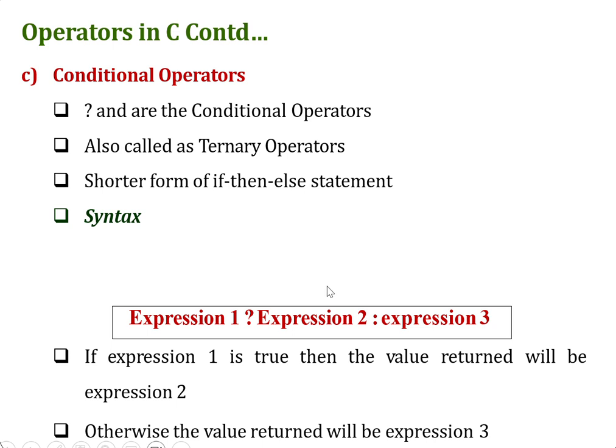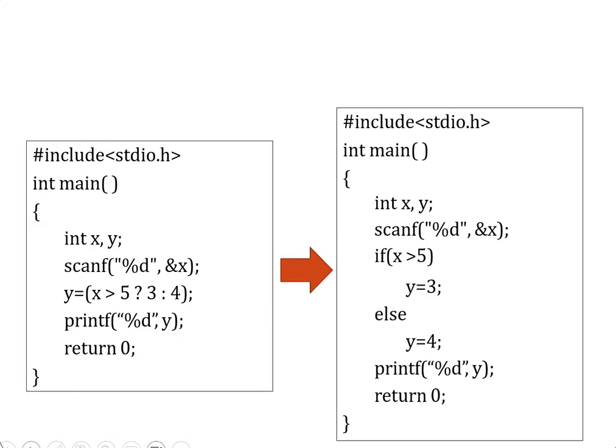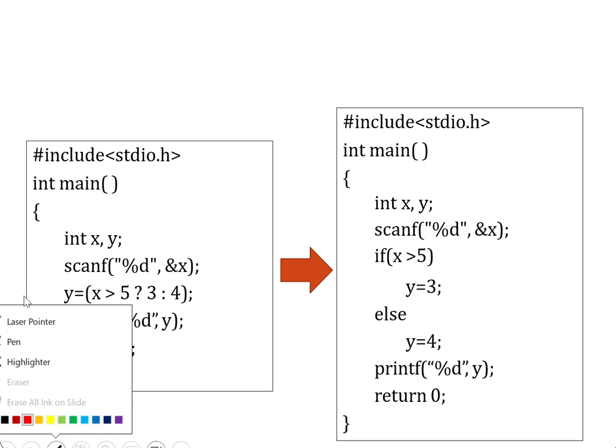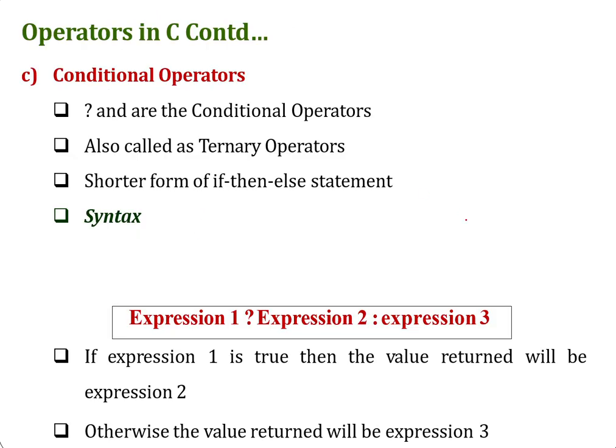Next is the conditional operator. It is a ternary operator. A unary operator will have only one operand, and a binary operator has two operands.